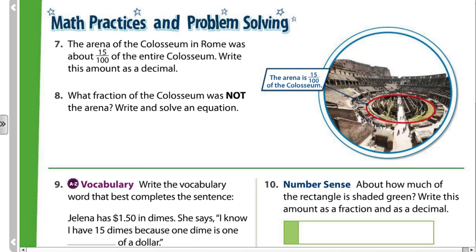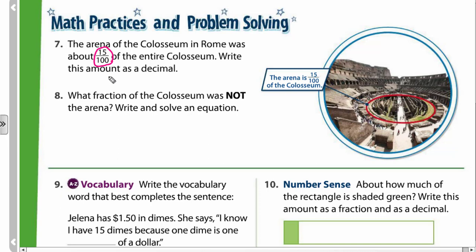Question number 7. The arena of the Colosseum in Rome was about 15 hundredths of the entire Colosseum, right?